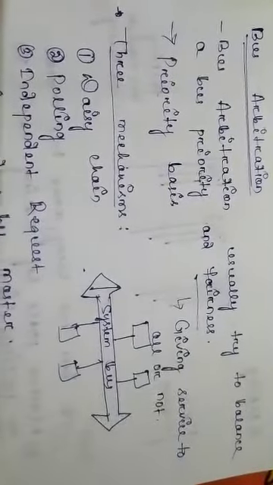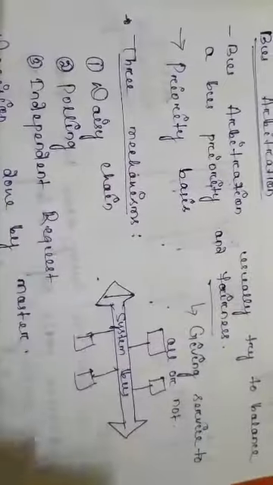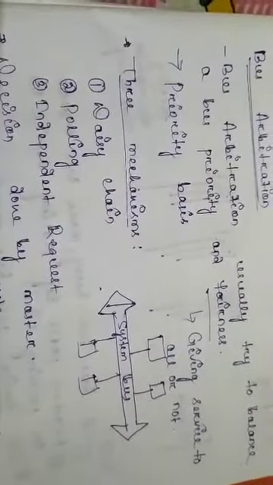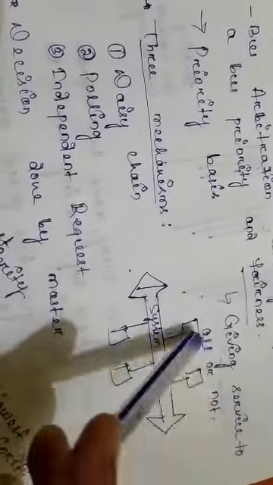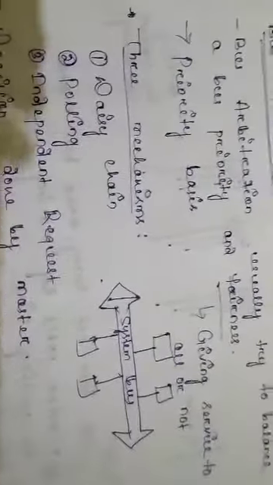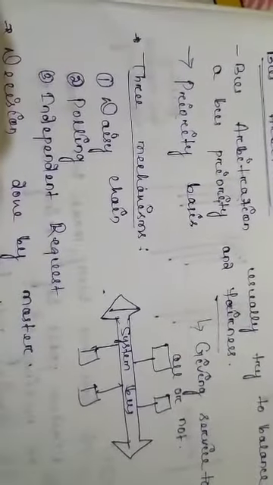It usually tries to balance priority and fairness. What do we mean by fairness? Either service is given to all or to none. Either each and every device will get the service or no device will get the service.